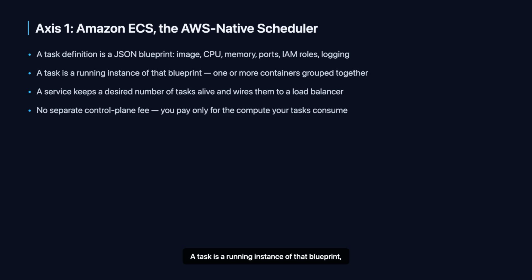A task is a running instance of that blueprint, bundling one or more containers together. And a service is a long-running controller that keeps a desired number of tasks alive and wires them into a load balancer. The best part for a cost-conscious team, there's no separate control plane fee. You pay only for the compute your tasks actually consume.